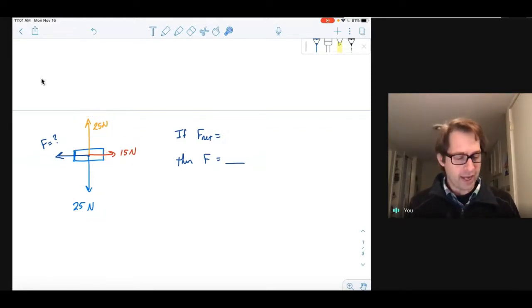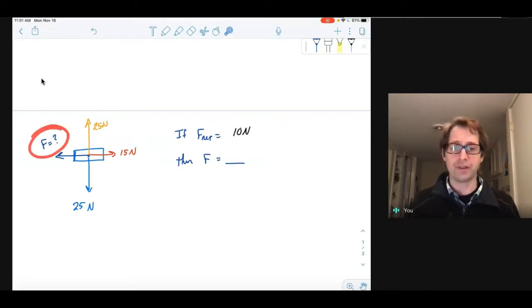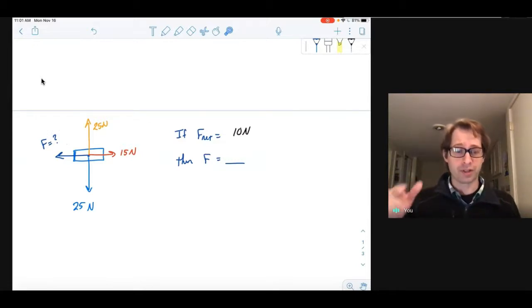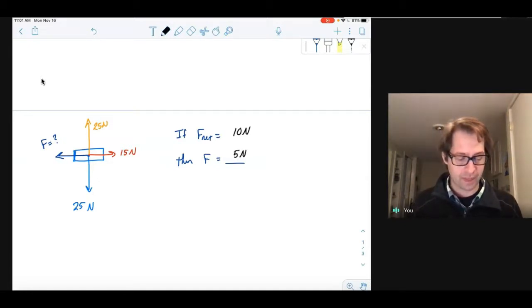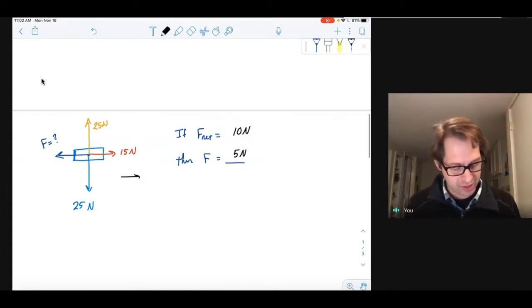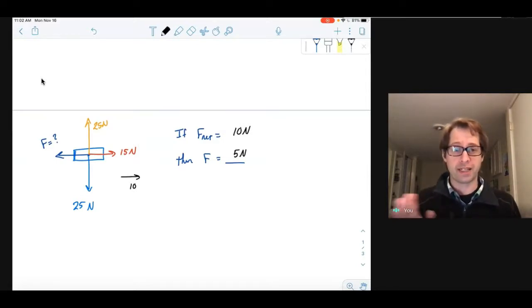If I asked you, if this net force is 10 newtons, I think pretty quick you could tell me what the value of this force is in order for there to be a net horizontal force of 10. I think pretty quick you could probably tell me that that value has to be 5 newtons, okay? Because my overall net force acting in this direction would be 10 because I have the difference between the 15 and the 5. I think pretty quickly you could kind of conceptualize that.